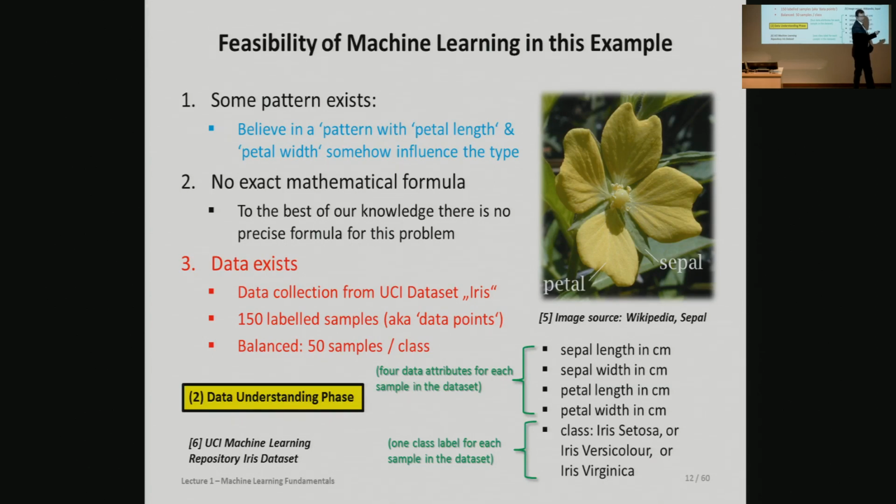If you want to learn something out of the data, it's very important that your class representations are well balanced. It must not be exact, like here, right? You see here 50 samples per class, which means for each of these different classes, iris setosa, versicolor, and virginica, we have 50 samples to study. That's what we know, what the different flowers are, what type they are, and so forth.